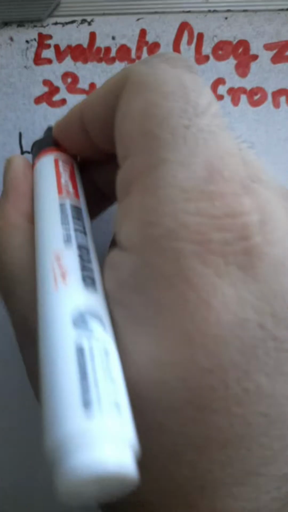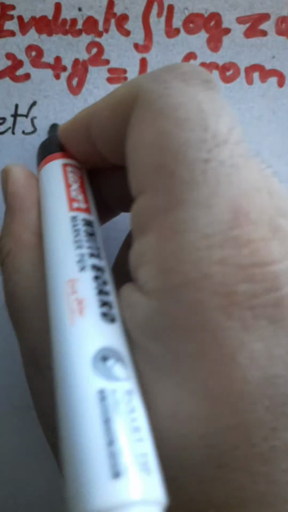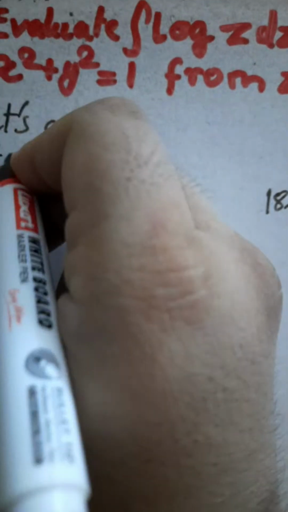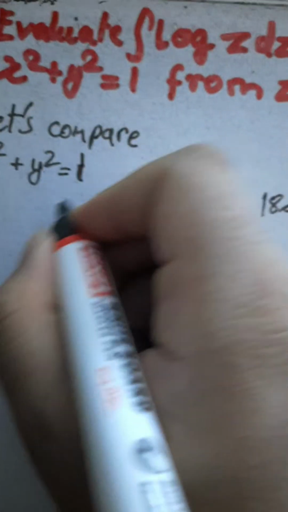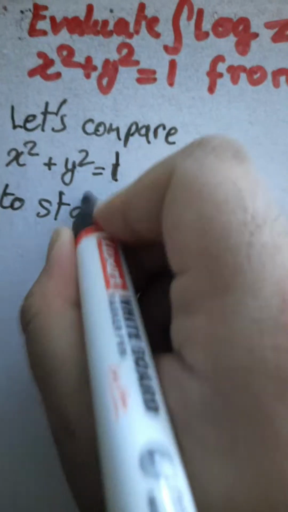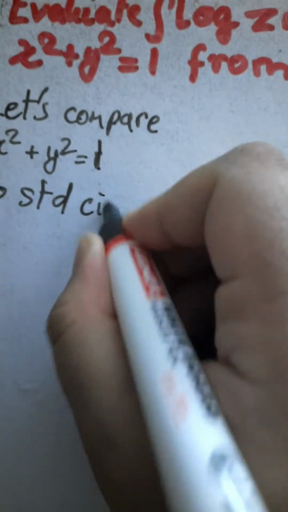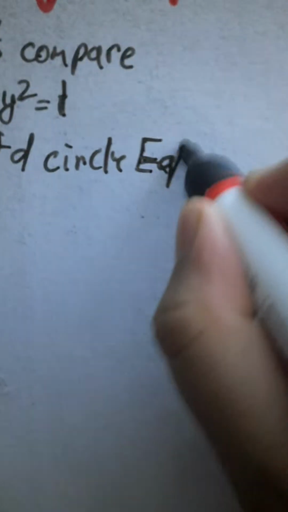Let's compare the equation x square plus y square equal to 1 to the standard circle equation.